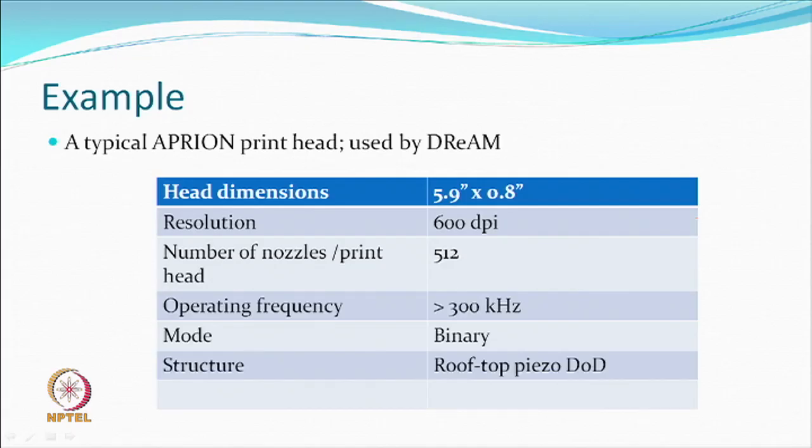For example, there is a project which was called the Dream project, which means that there is a company which makes the machine, there is a company which makes the print head, and there is a company which makes inks.